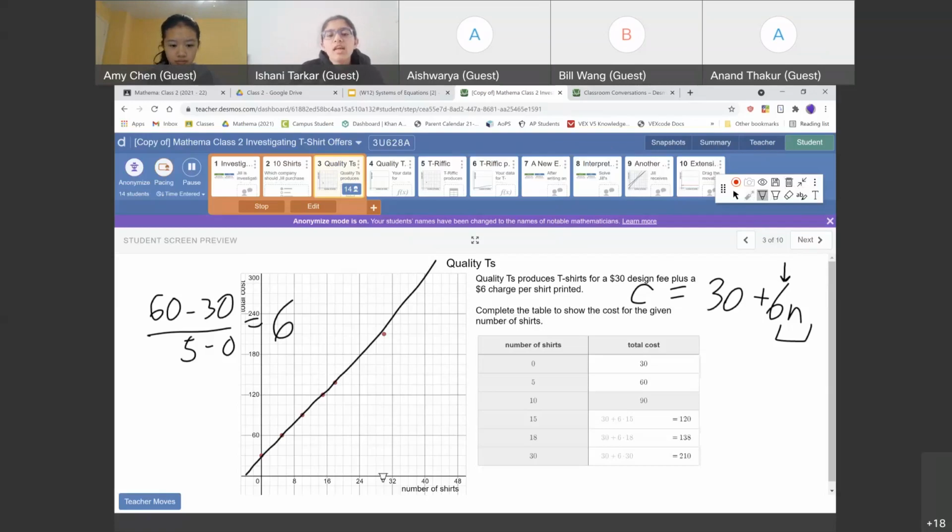Whenever you have a scenario like this, whenever it's per something, that's always going to be the slope, unless it's trying to confuse you. Because per unit, where the unit is the thing you're inputting, that will always be the slope.